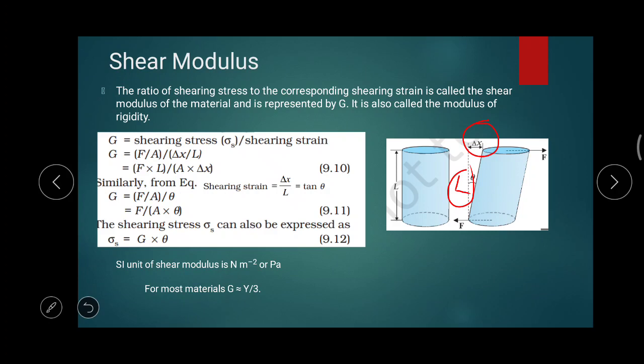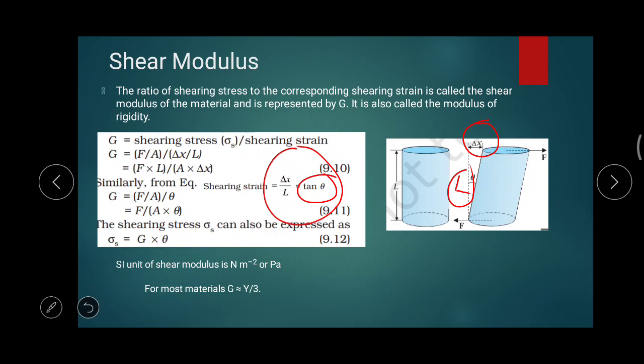When we discussed the shearing strain, we saw that delta x by L is actually tan theta, where the theta value is very small. Hence tan theta is equal to theta.